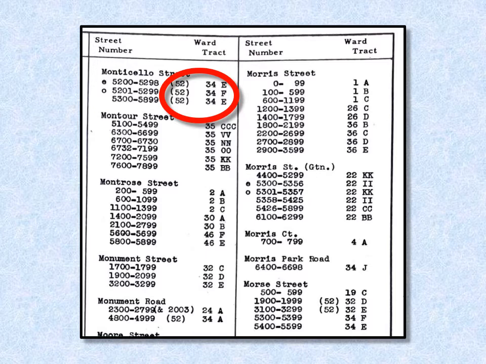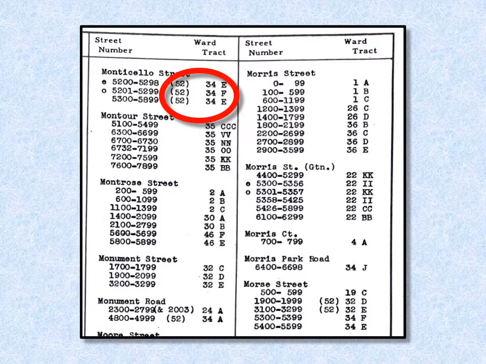So typically you would have 34 tract numbers, 34 something, and ward 34. But they changed the tract in Philadelphia to get away from that. And so the 52 is the current ward for those three tracts.